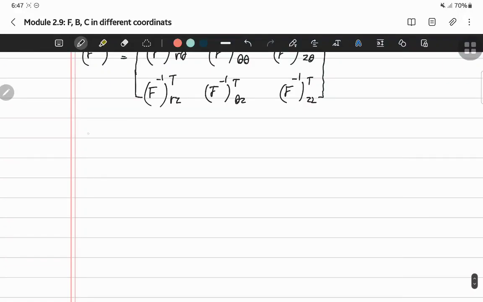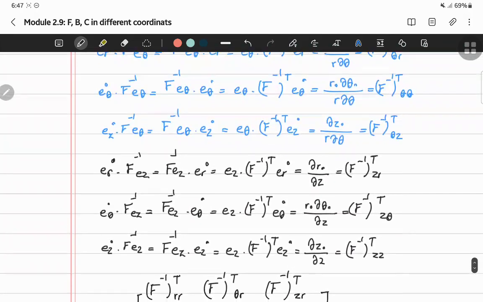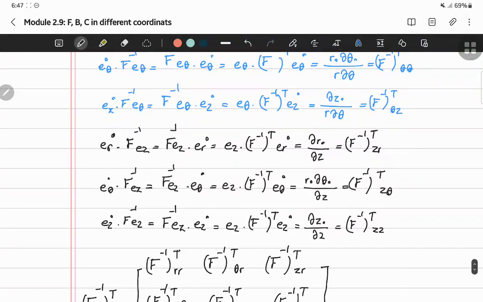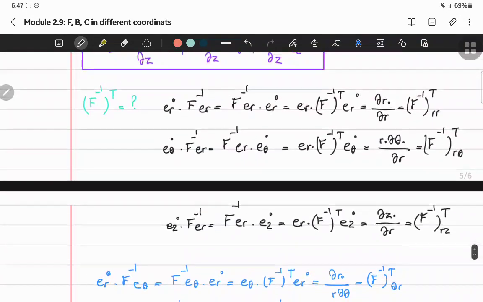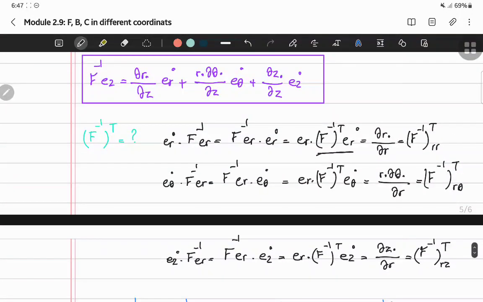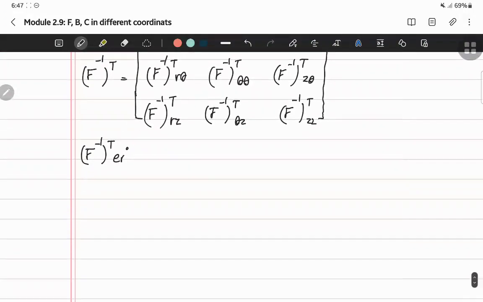All right, so now let's find different components for F inverse transpose ER0. Here we have ER, so I utilize the same strategy.